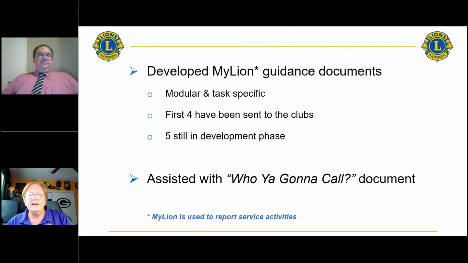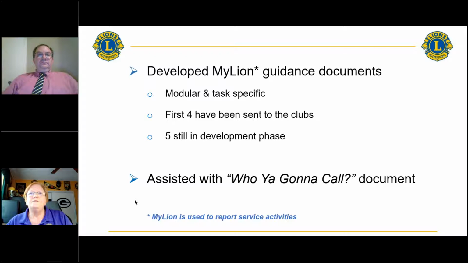We've developed MyLion guidance documents. For those of you who may not be familiar with MyLion, this is the software that's used to report our Lions Club service activities. The guidance documents are modular and task specific. That way, our club secretaries and leadership don't have to sift through a huge document in order to find the information and instructions on performing a specific task.